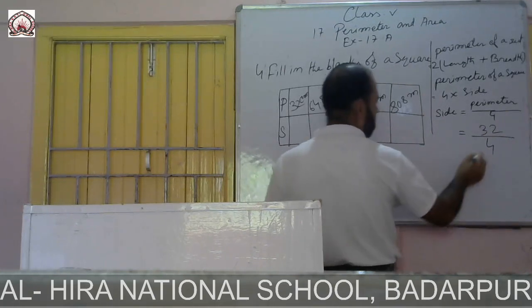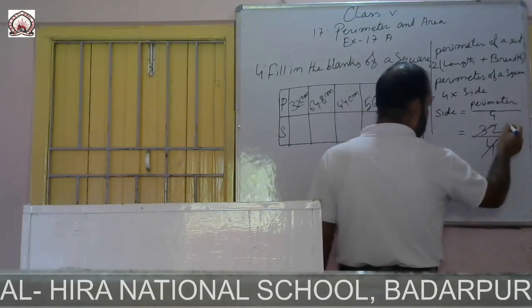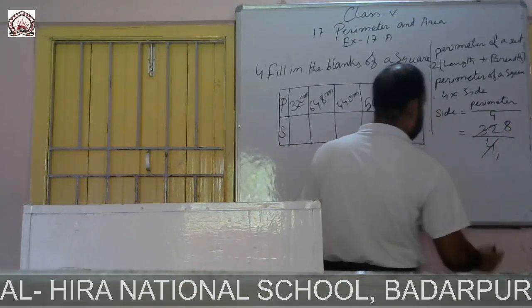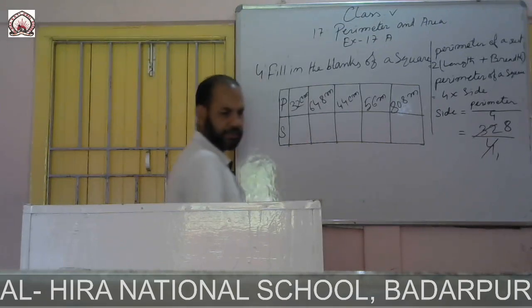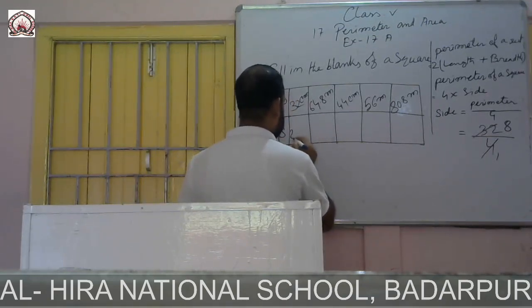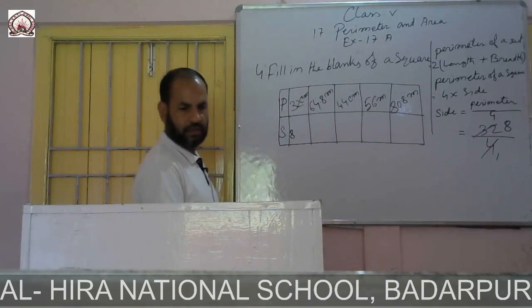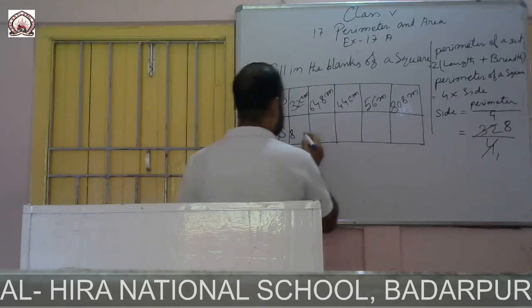If we reduce, then 4 ones are 4 and 4 eights are 32. That means here the side equal to 8 centimeter.